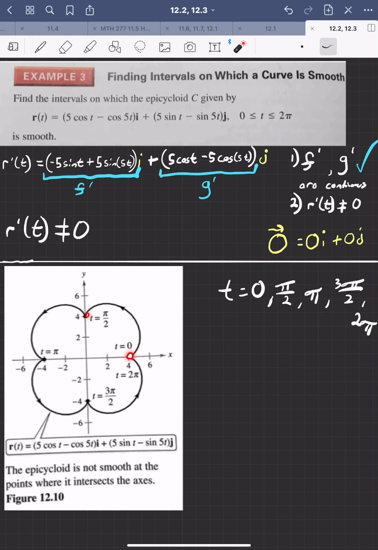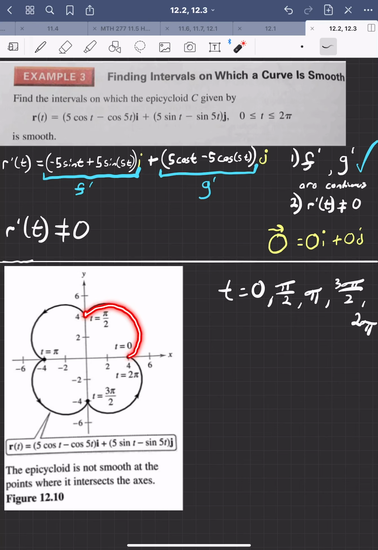You can see it. Notice that at these points right here, exactly when t is pi over 2, pi, 3 pi over 2, etc., that's an abrupt change. This is not smooth at that point. But everywhere else is smooth.